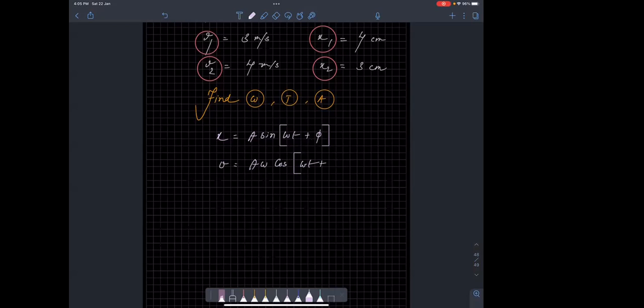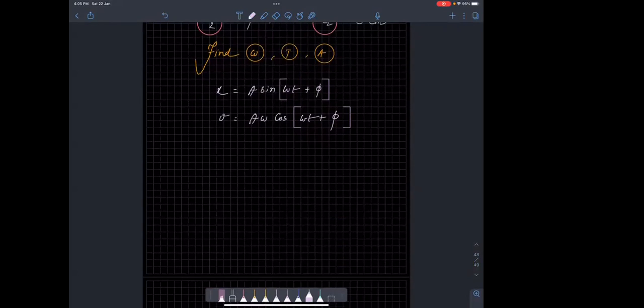And there is one very famous equation with which you can eliminate sin theta and cos theta. What is it? Sin square theta plus cos square theta equals 1. Trigonometric identity. Then squaring and adding both equations. Fine.